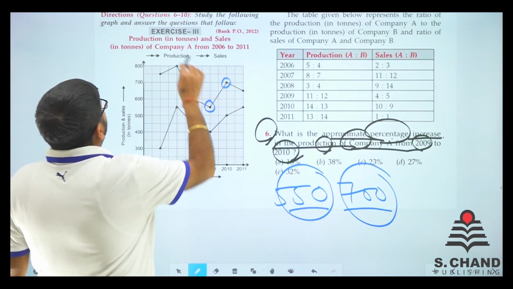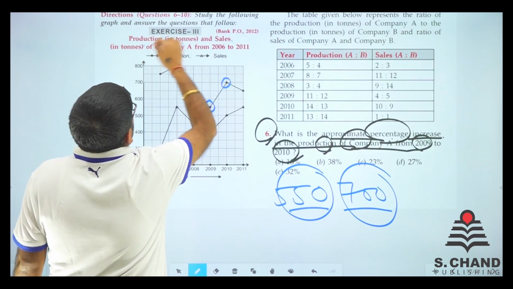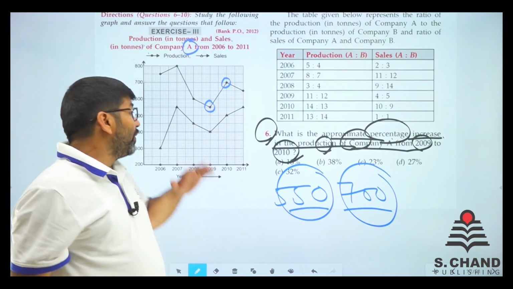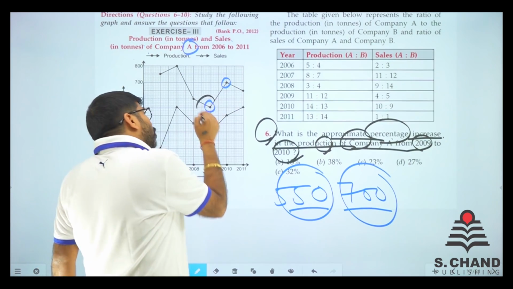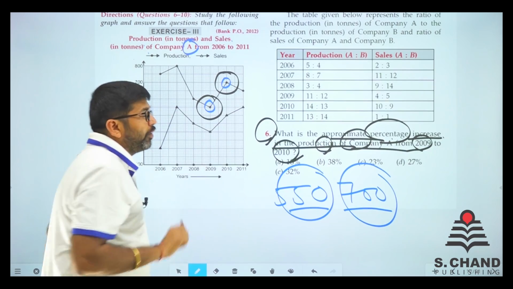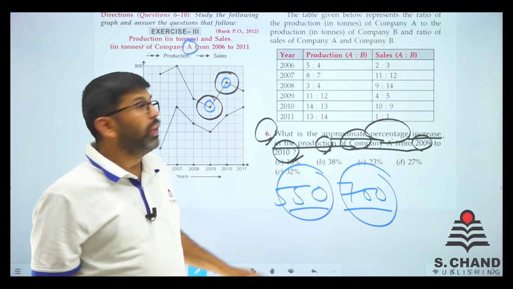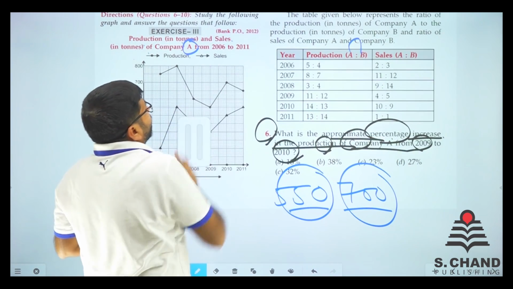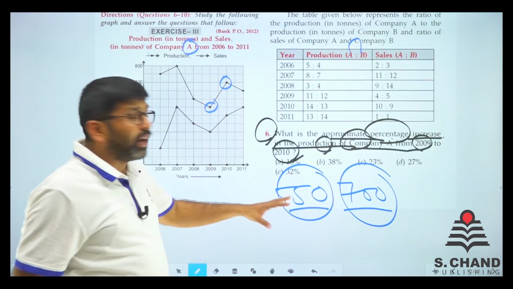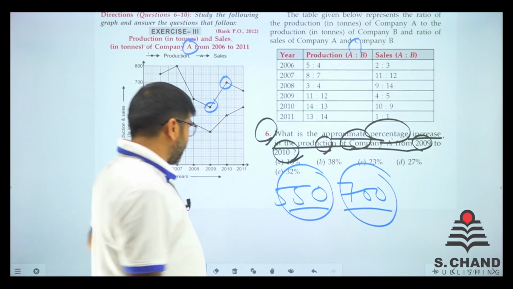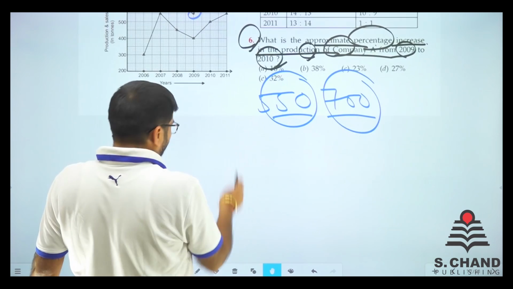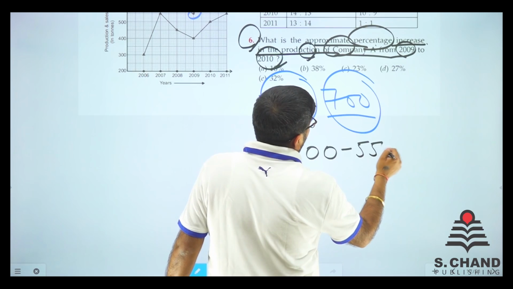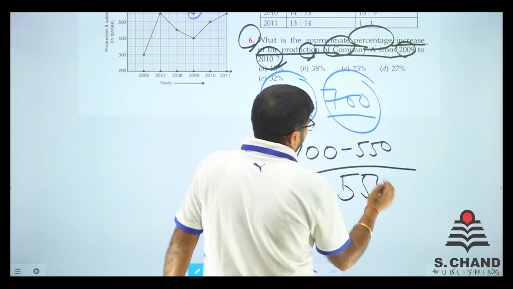Now when I read this again, the production in tons and sales of company A, as I told you earlier, that was actually wrong. The right portion is, this is actually by A only. So we don't need this chart for this question, because that will be production of A and B, and this is only A. So if it is only A, we just need to find this percentage: 700 minus 550 by 550 into 100.